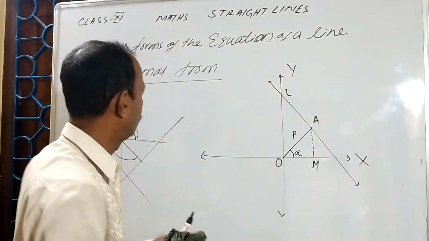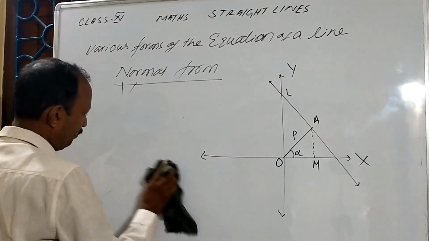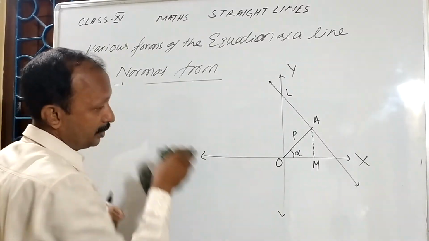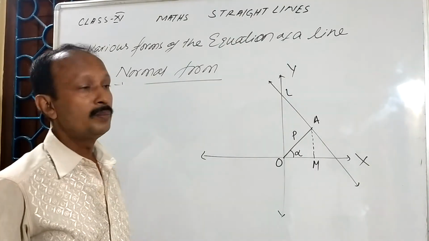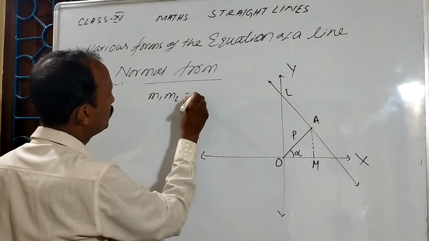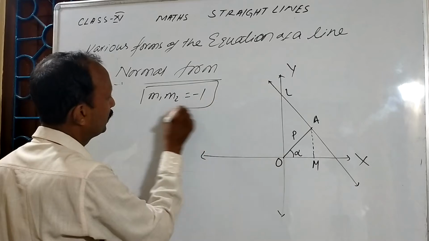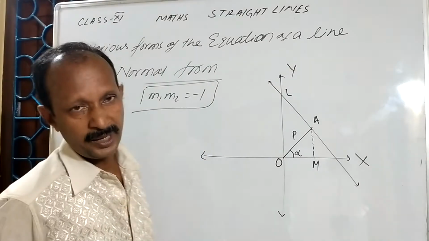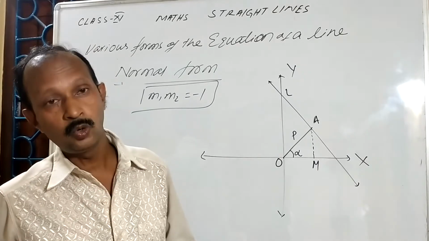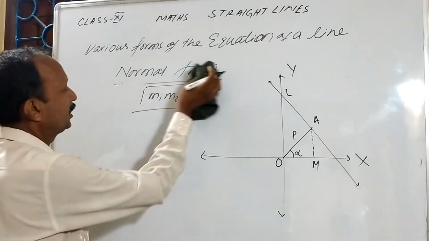Now you see that if two lines are perpendicular, we know that the product of their slopes will be equal to -1. Here m1 into m2 is equal to -1. In my previous video I explained that if two lines are perpendicular, the product of their slopes will be equal to -1.